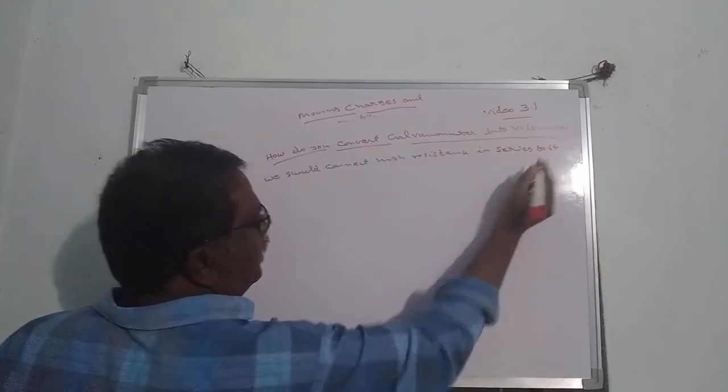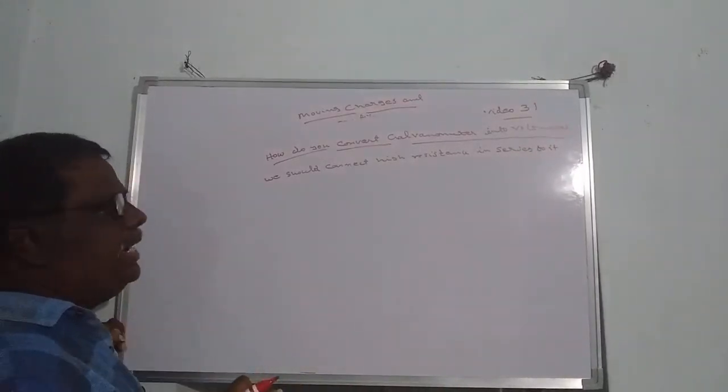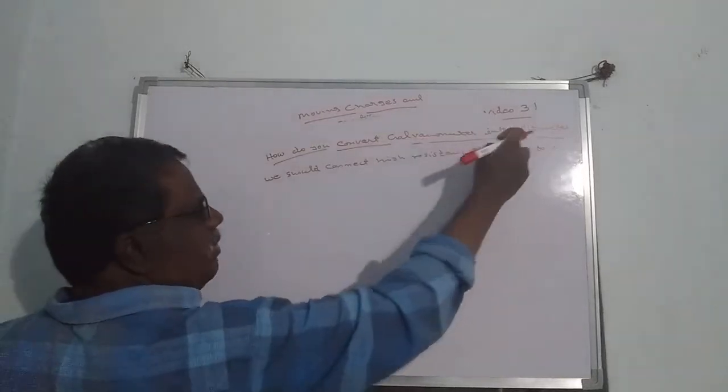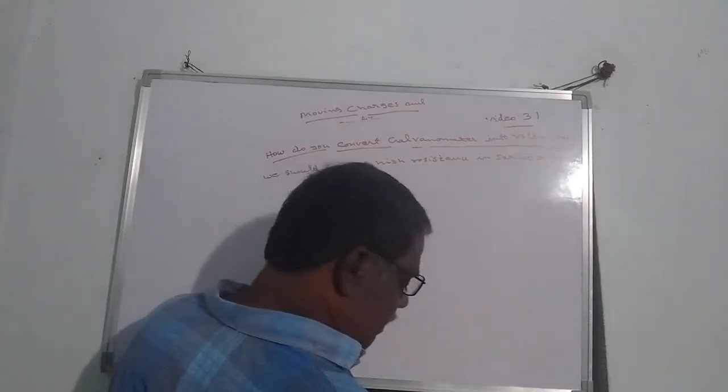If we connect a high resistance in series with the galvanometer, then the galvanometer will behave like a voltmeter. See the circuit diagram given.